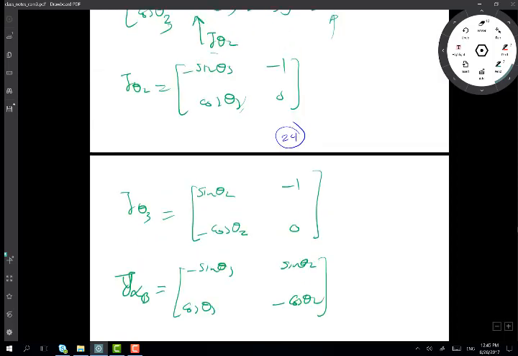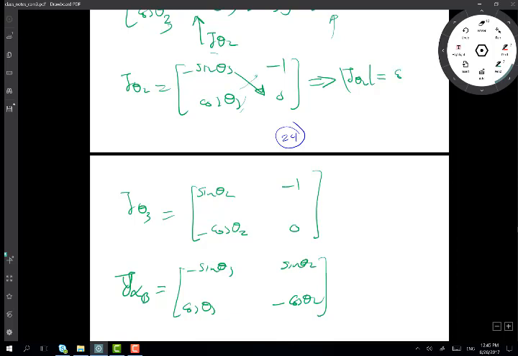The determinant of every one of those we can calculate on the side here. The determinant of J theta 2, multiply those, start from the top leftmost term, and then minus that.